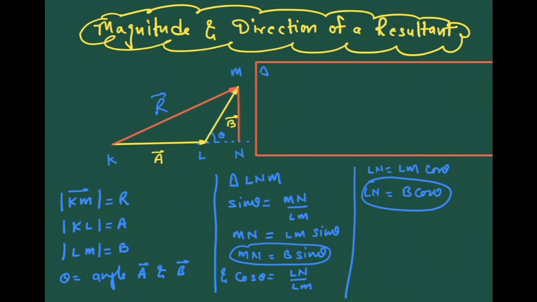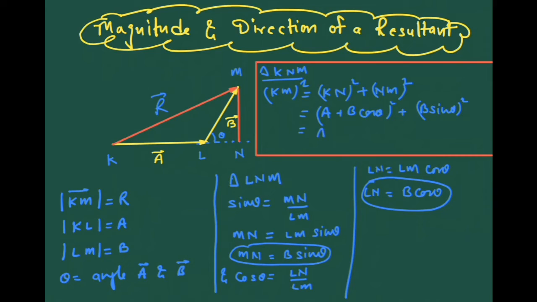So in triangle KNM, KM square is equal to KN square plus NM square. KN is A plus B cos theta, squared, and NM is B sin theta, squared.